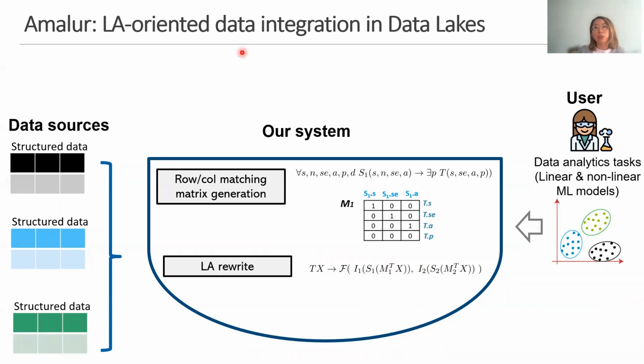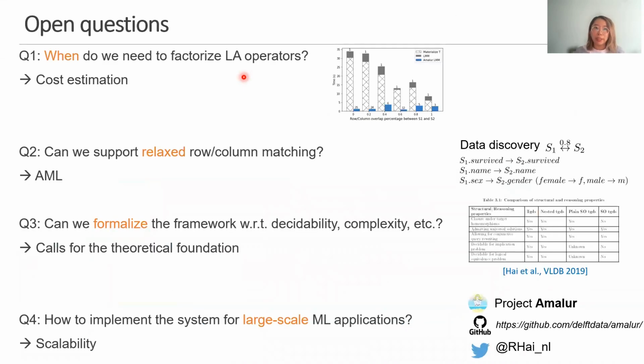Of course, to build such a complicated system, it is not sufficient to have just two main components. There are still many open questions. To begin with, it is already known that factorization does not always help to improve performance significantly. That's why it is important for us to know when we should do the factorization.